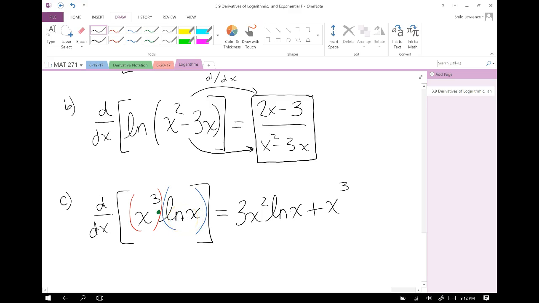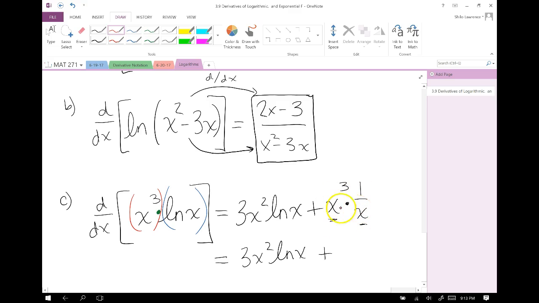Now that's just our simple, plain old standard natural log of x. Its derivative is 1 over x. And I'm not going to leave it like that because these two terms here can be multiplied together and simplified. So this really is 3x squared natural log of x plus, well, 1 over x is like an x to the negative 1, or you can think of it as x cubed over x.